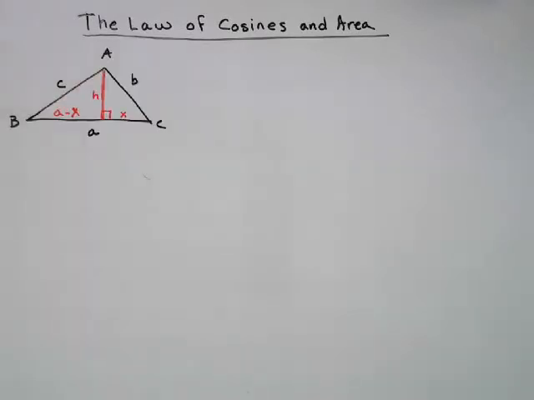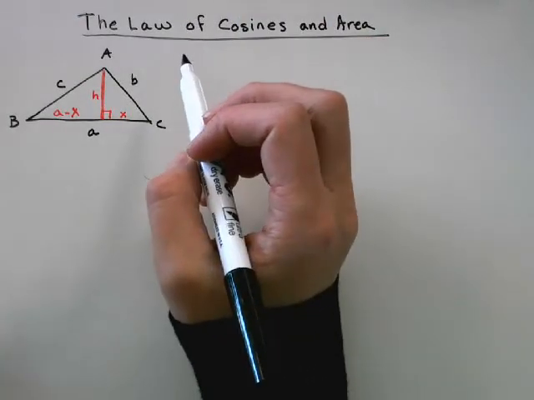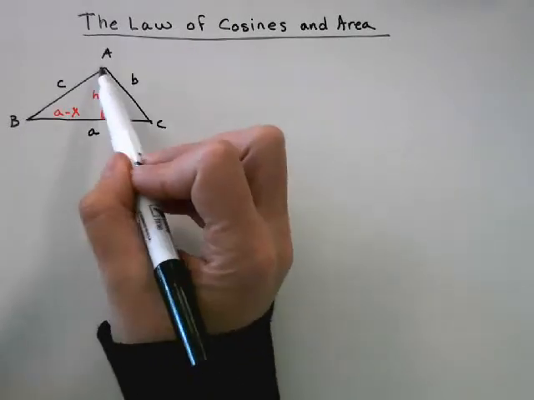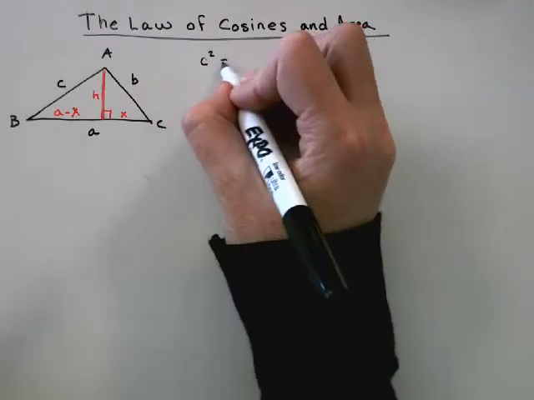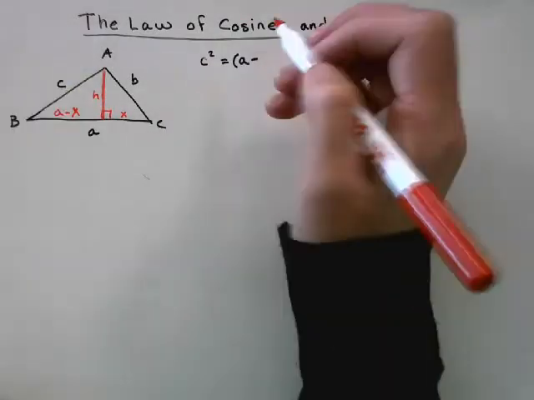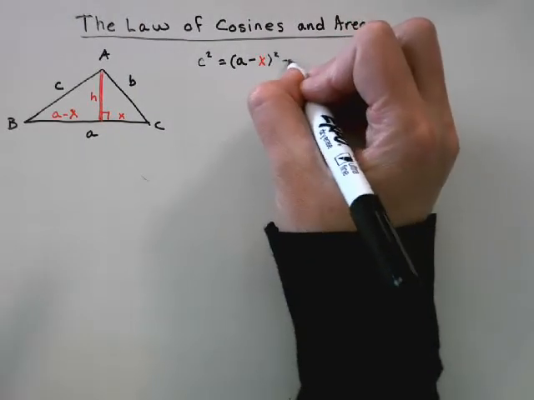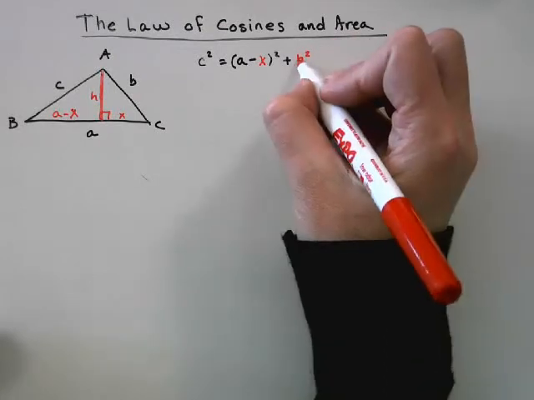Okay. So the derivation of this one, we start with the Pythagorean theorem. We're going to do the Pythagorean theorem on this triangle here. So C squared is going to equal A minus X squared plus H squared.